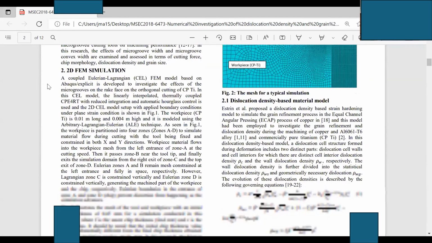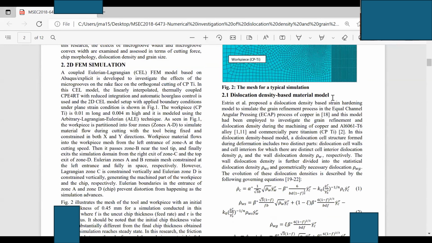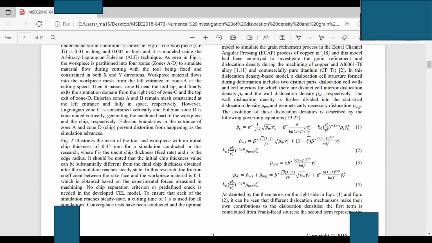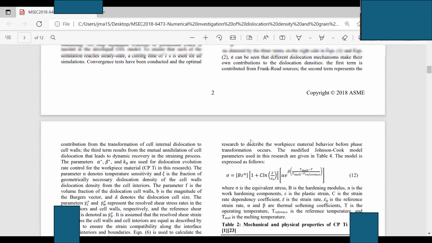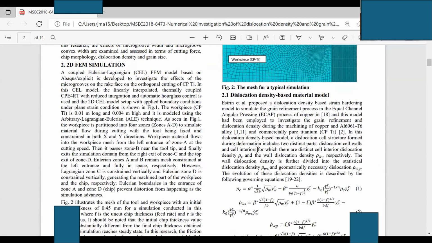So here is the distribution density based material model. You can see, okay? So this is a lot of mathematical details. I want you guys to take a look. This is not required, it's not mandatory, but I would suggest you take a look. As an engineering guy, we will use a lot of mathematics, right?